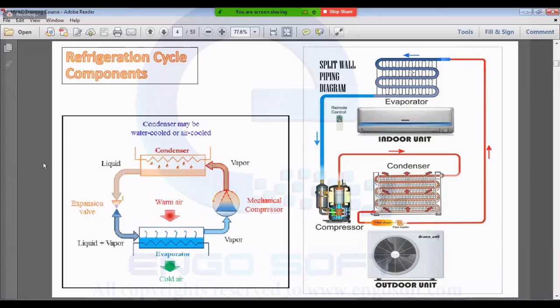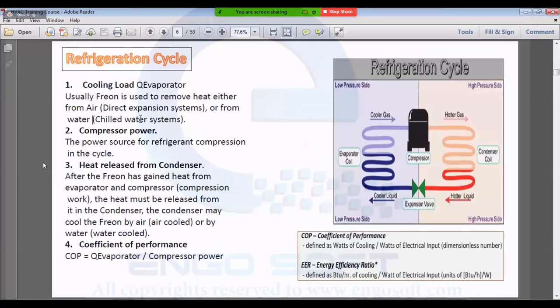Where is the refrigerant? The refrigerant is at the chiller. So there is an intermediate medium between the Freon and the air, which is the chilled water.